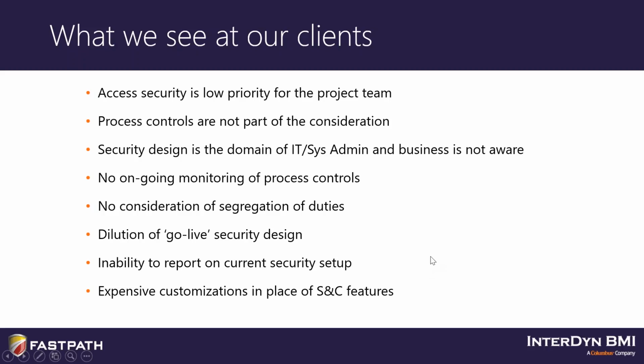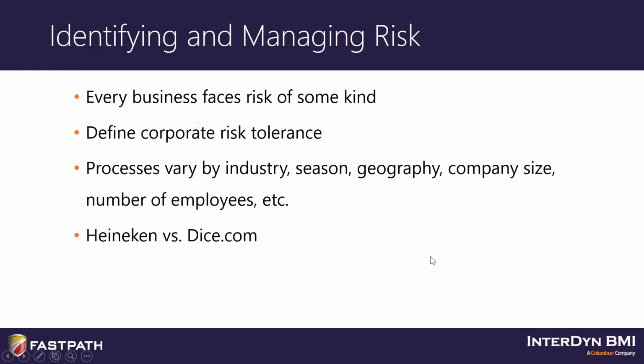Okay, so that's just a little introduction to security and controls, and then in talking about security and controls and moving over into the segregation of duties, we have to discuss how we identify risk in an organization.